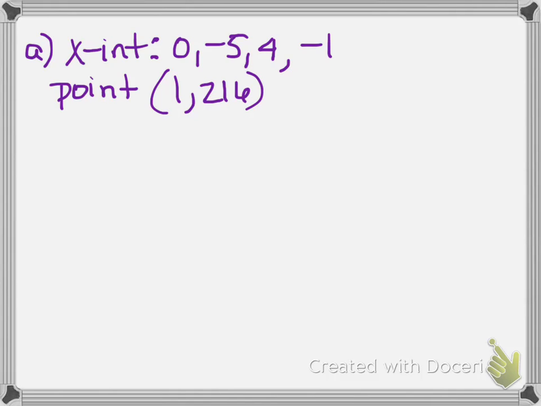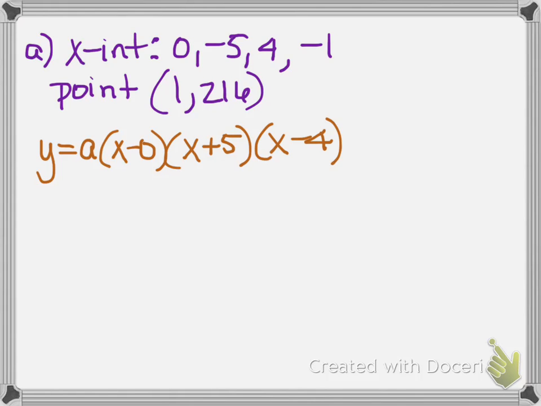Since we have 4 x-intercepts, we can write the factored form with 4 parentheses. So y equals a times x minus 0, x plus 5, x minus 4, and x plus 1.